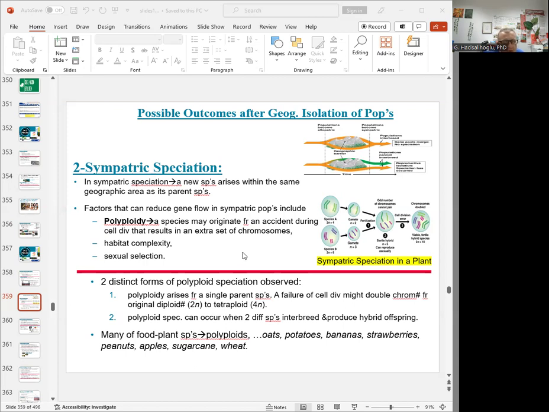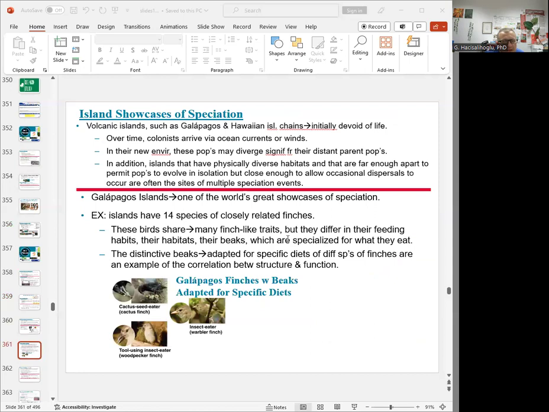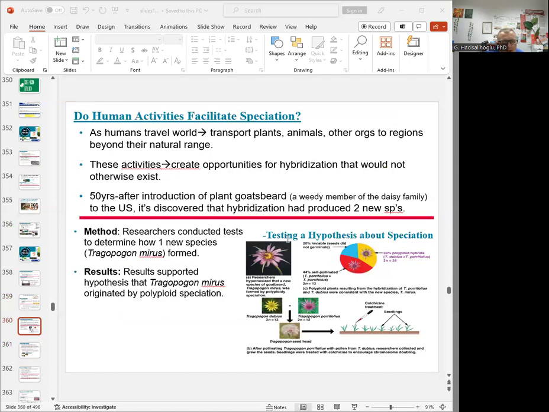We see many examples in plants. Strawberries are one good one. Wheat, like bread wheat, also has polyploid situations, and some types of watermelons have it too.